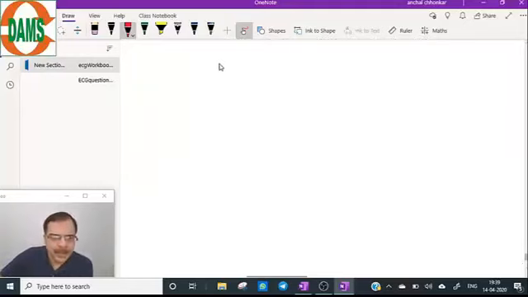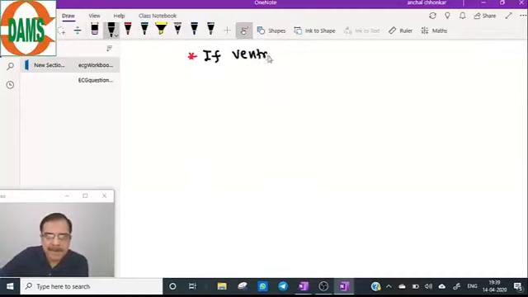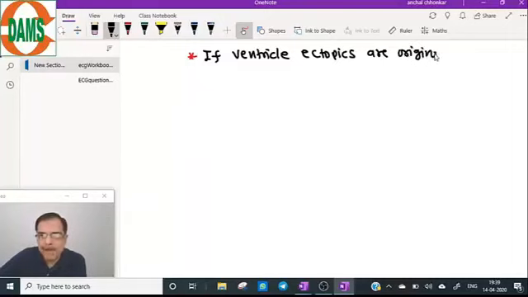So this is the feature, that is, if ventricle ectopics are originating from more than or equal to 3 different sites.